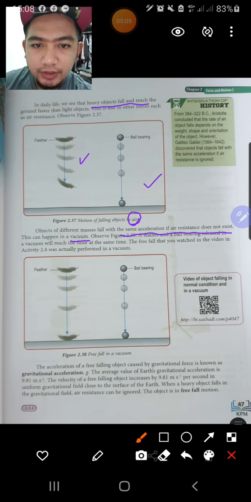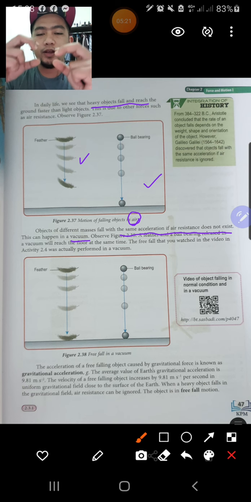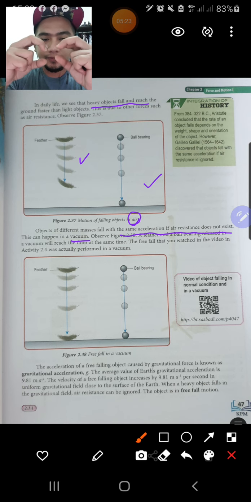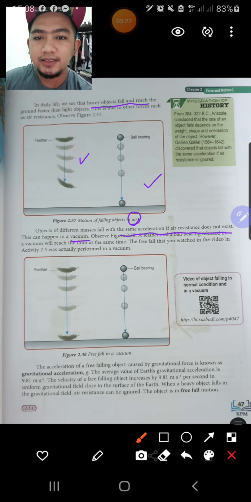The free fall that you watched in the video in Activity 2.4 was actually performed in a vacuum. Maksudnya video tadi yang kita tengok apple and the feather tadi, dia berada dalam keadaan vacuum. That's why dia jatuh dan sampai ke tanah pada masa yang sama.